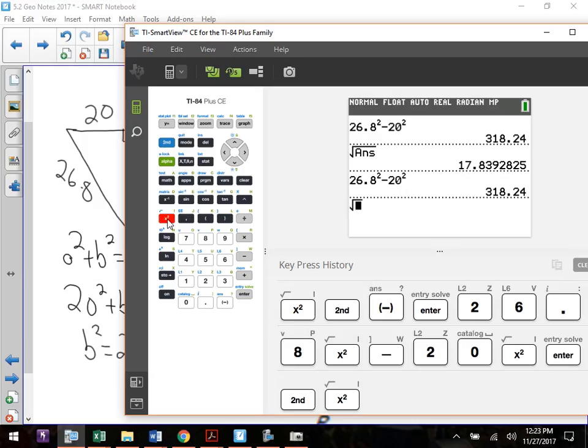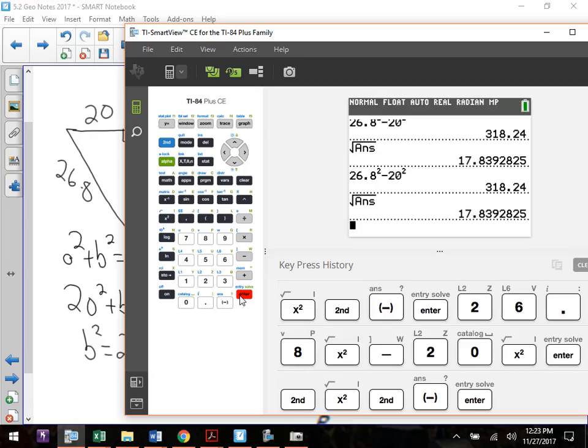When you hit second, you found it. Now hit second again and answer. It's the negative button in the bottom right. It should say ANS on it, in the little green. And now hit enter.